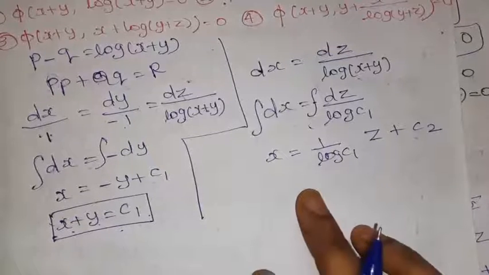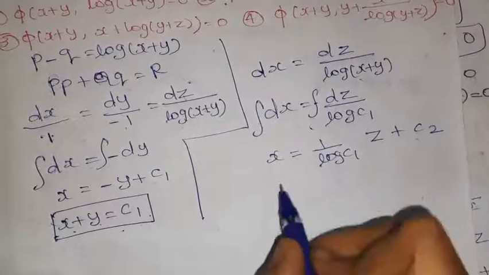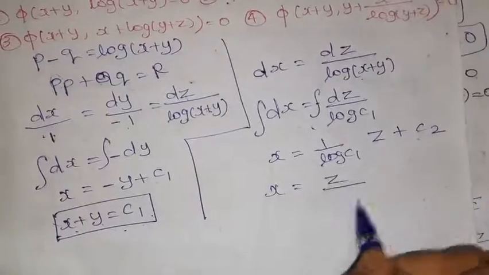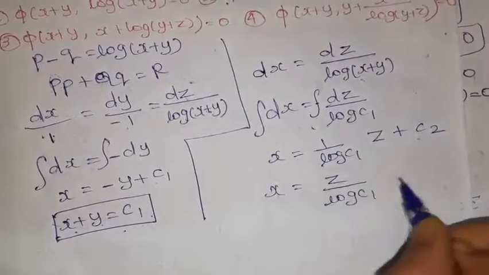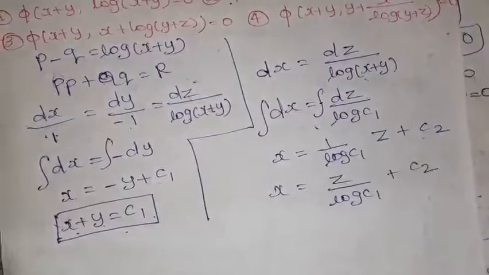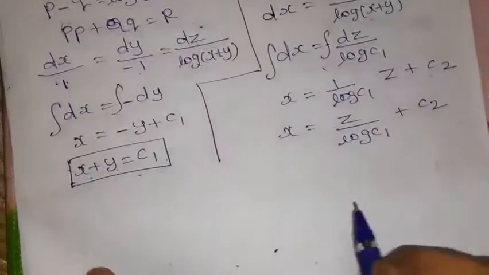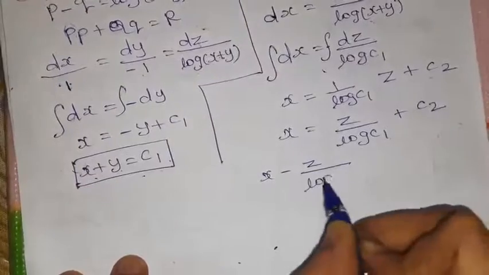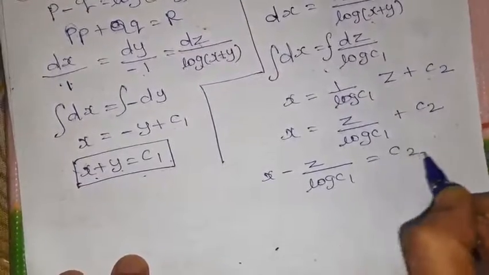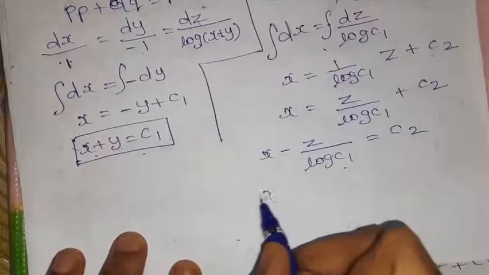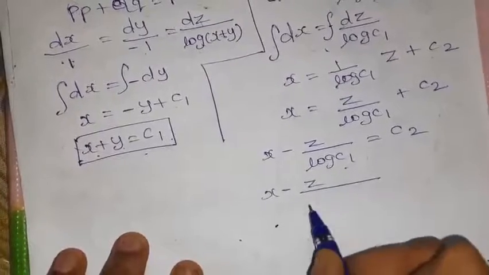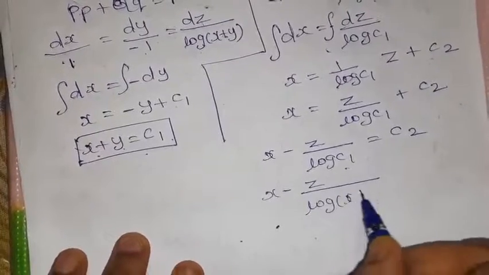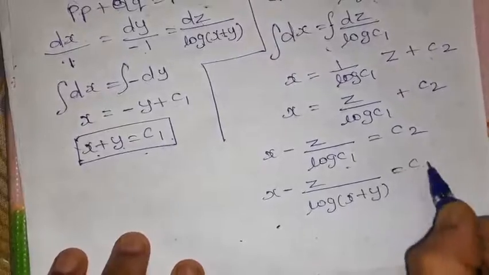So x equal to z by log c1 plus c2, right? This is one solution. So x minus z by log of c1 equal to c2. What is c1? Substitute x plus y in place of c1: x minus z by log of x plus y equal to c2.